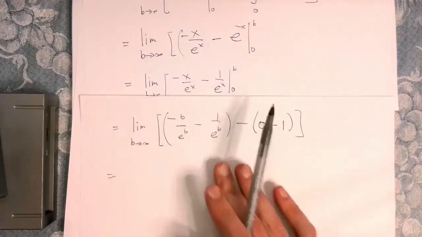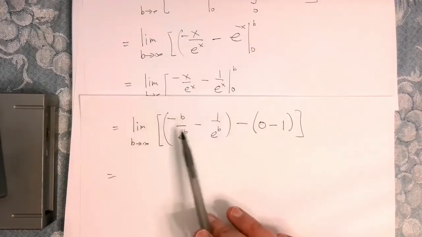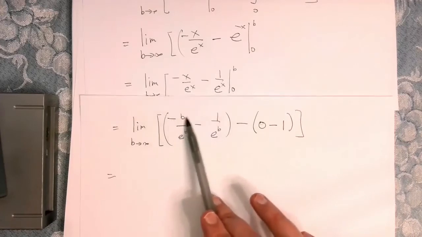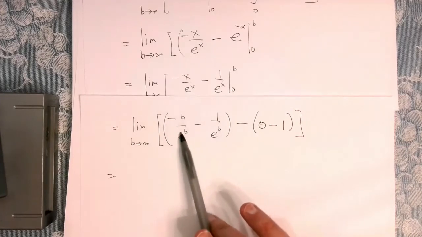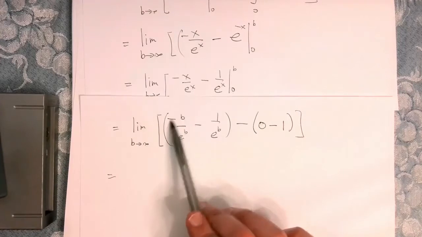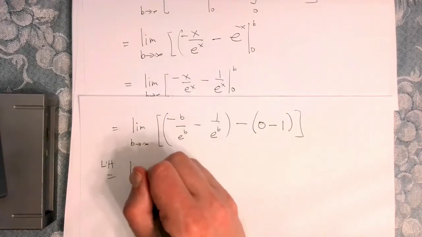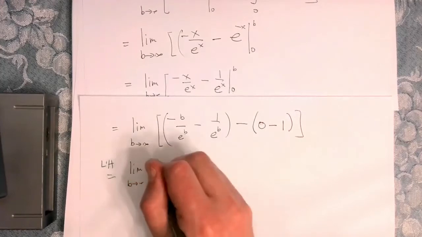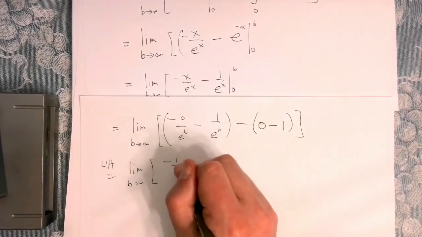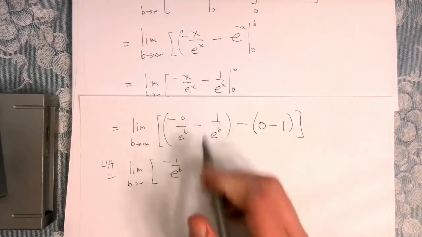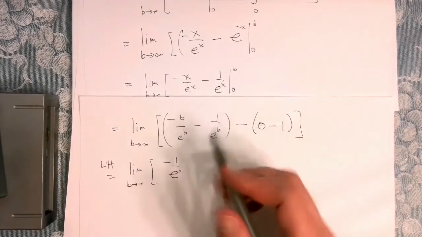Okay, so think back to Calc 1, single variable calculus. For this particular limit, this is a minus infinity over infinity form. So by L'Hopital's rule, just for this term, this is the limit as b goes to infinity of the derivative of the numerator over the derivative of the denominator. Again, just for that term, this stays.